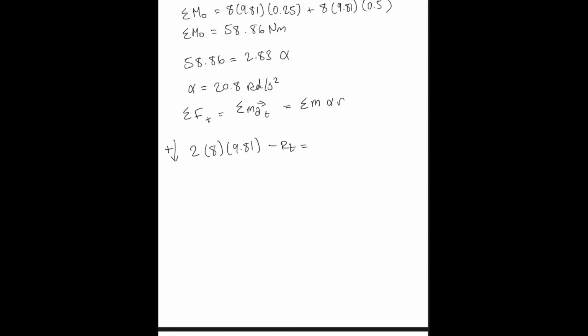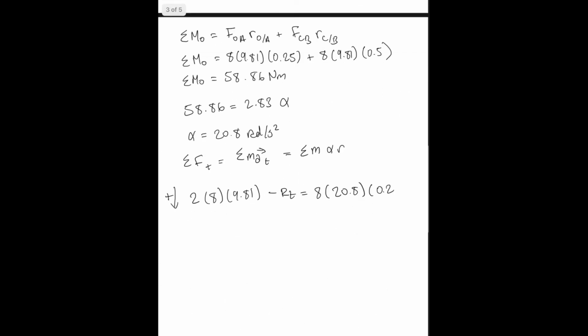And that's going to be equal to 8 multiplied by the angular acceleration multiplied by the distance to O, so from O to the middle of the rod is 0.25, plus rod CB from O to A is 0.5. And that's going to give us a value for RT, which is 32.2 newtons. That's the force pointing upwards on the bearing.